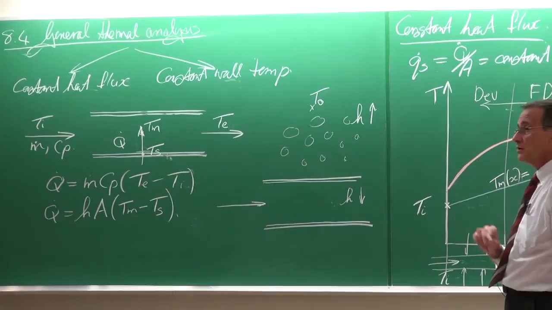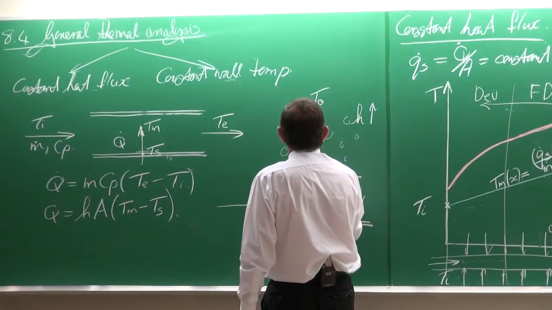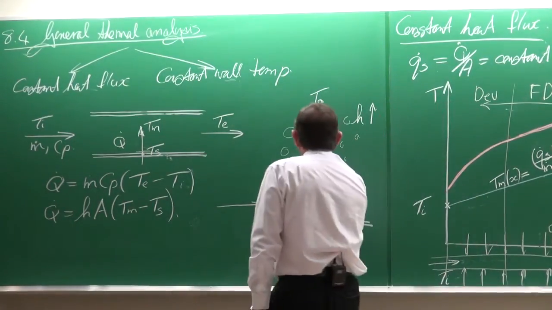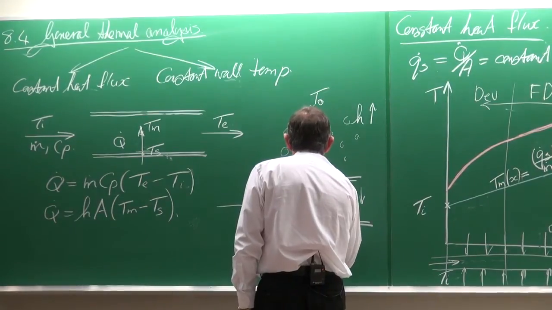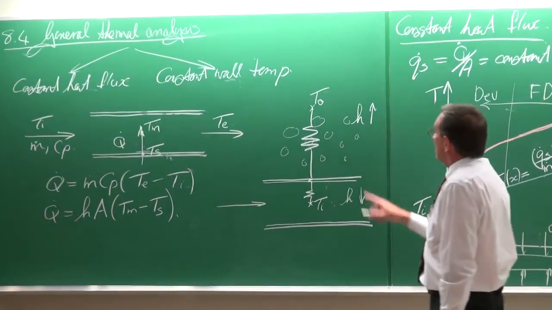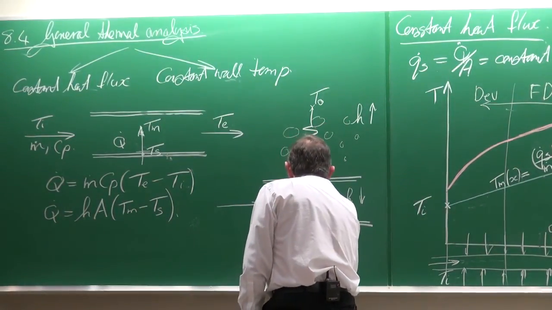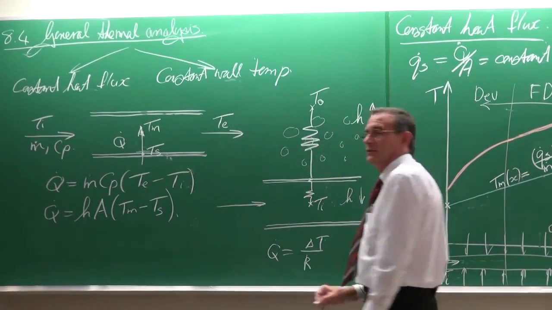Okay. Now, in terms of what you've done previously, that can be represented as a resistance term. Here's another resistance term from the wall, and there's the other resistance term in terms of the heat transfer coefficient. The total heat transfer rate is equal to the delta T divided by the resistance. Okay.